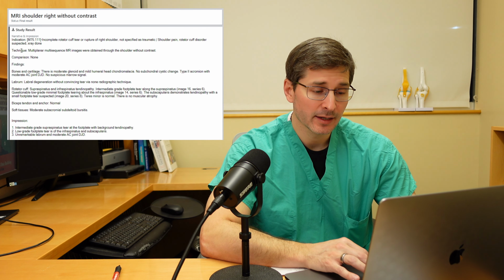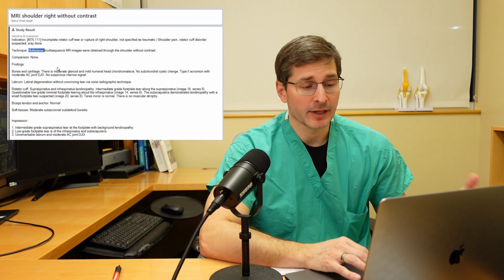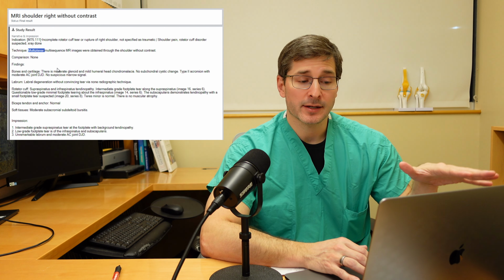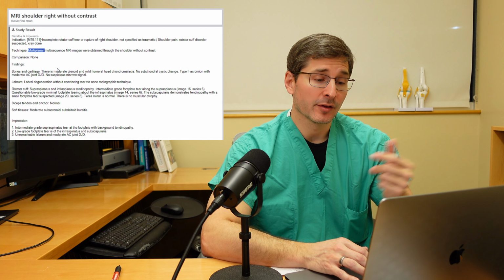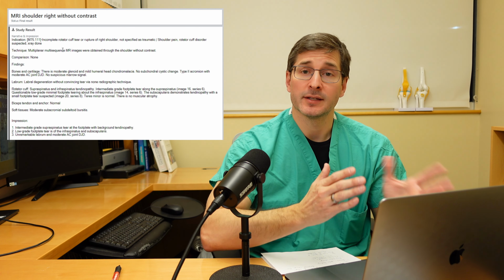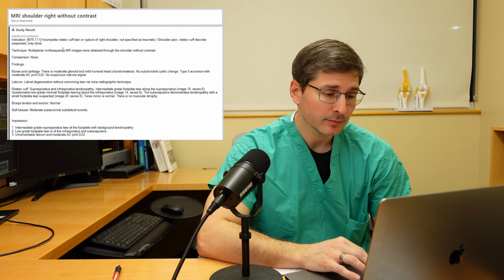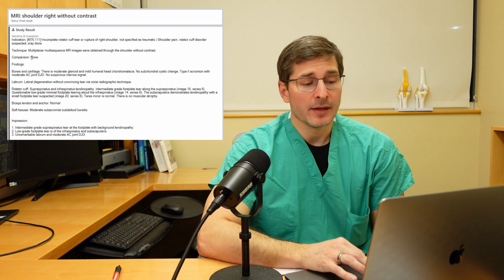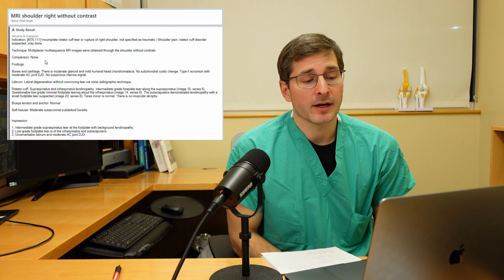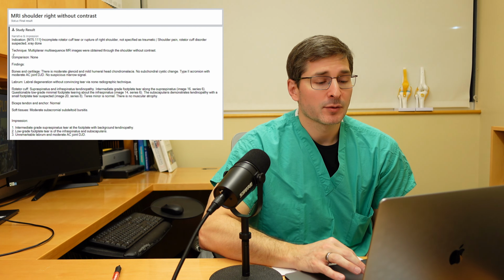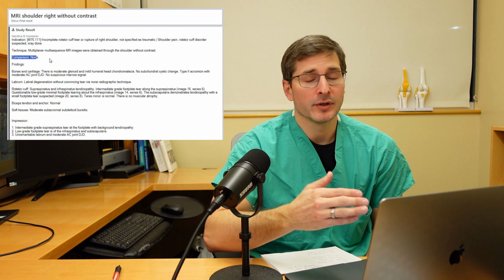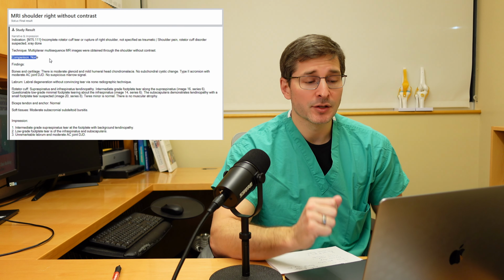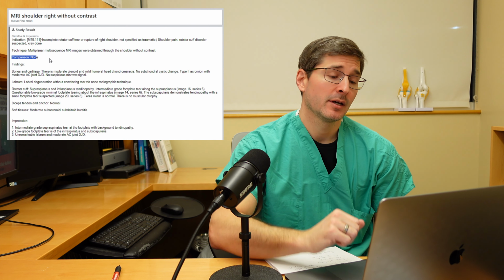You'll see technique. Multiplanar means you're getting images in different planes, like a coronal, sagittal, axial plane. And I've got other videos you can review to understand the difference between those. And then you may see comparison, and this refers to the radiologist having multiple images of the body part in question, so the radiologist can make comparisons.